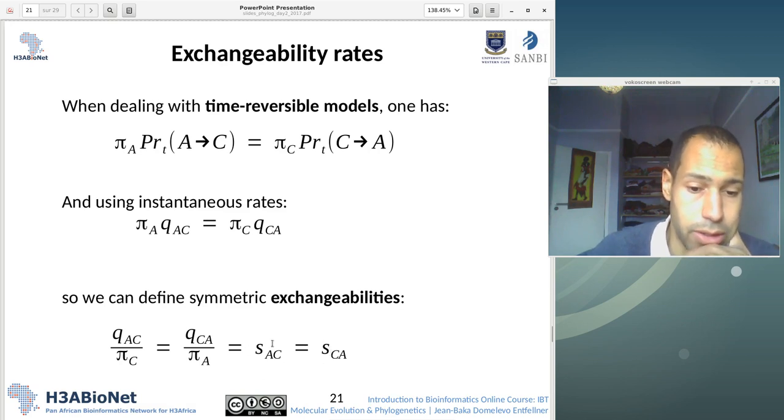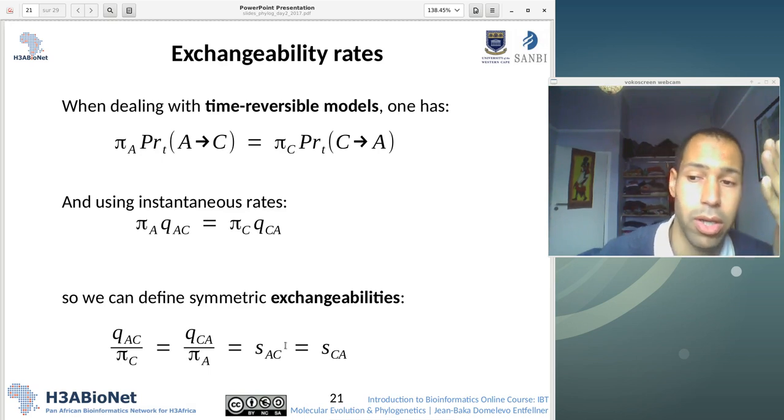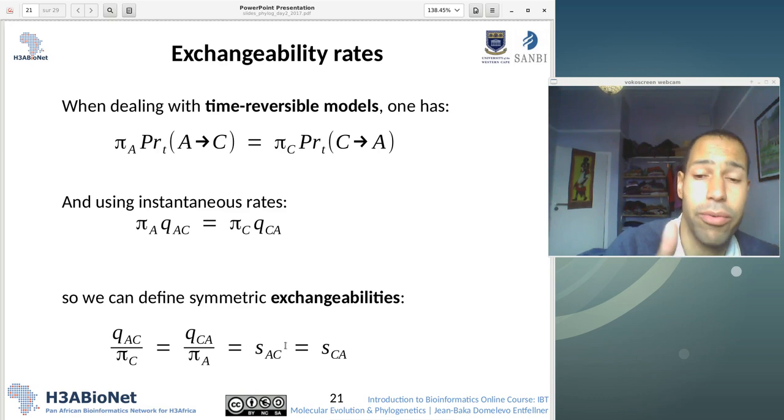How many are they? Much fewer. You have the exchangeability between A and C, between A and G, between A and T, and then between C and G, between C and T, and finally between G and T. You have 6 of them.